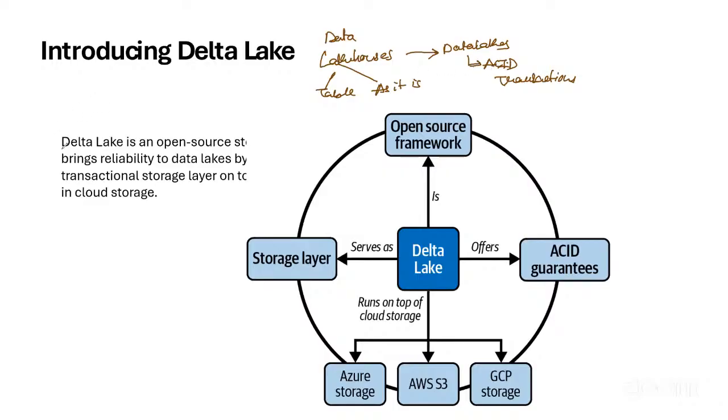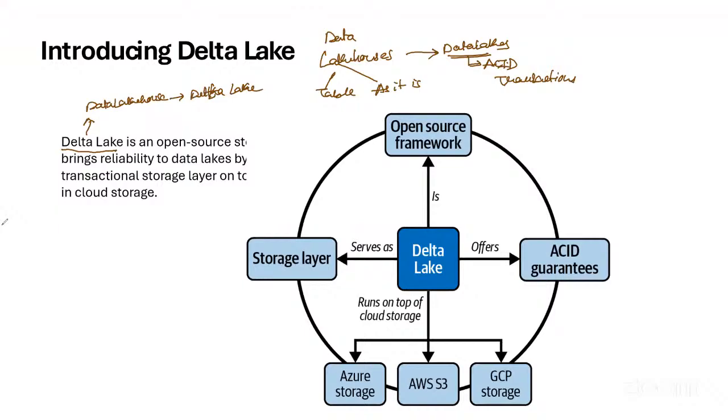Like this, there are a lot of issues, especially with ACID transactions. And that's where a concept called Delta Lake has been proposed. Delta Lake is a data lake house. See, traditional data lakes have issues. Now, to resolve those issues, data lake houses like Delta Lake came into existence.